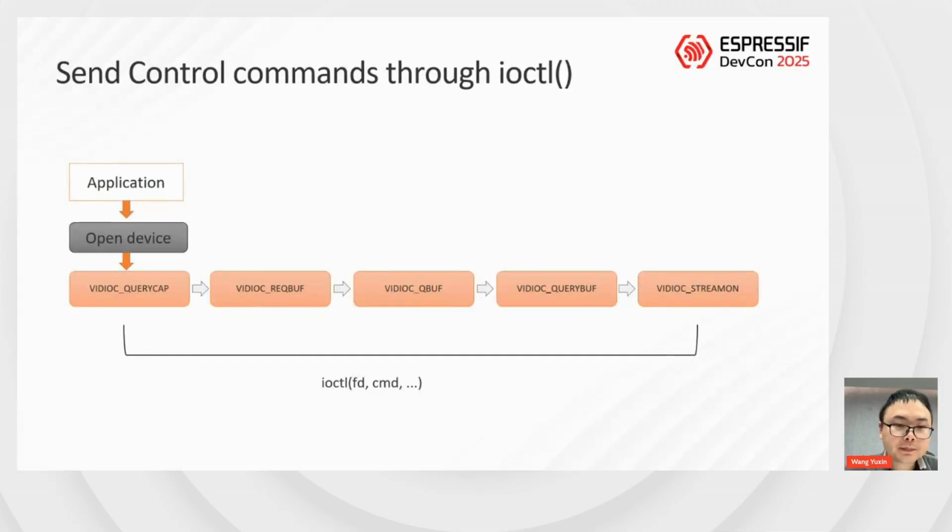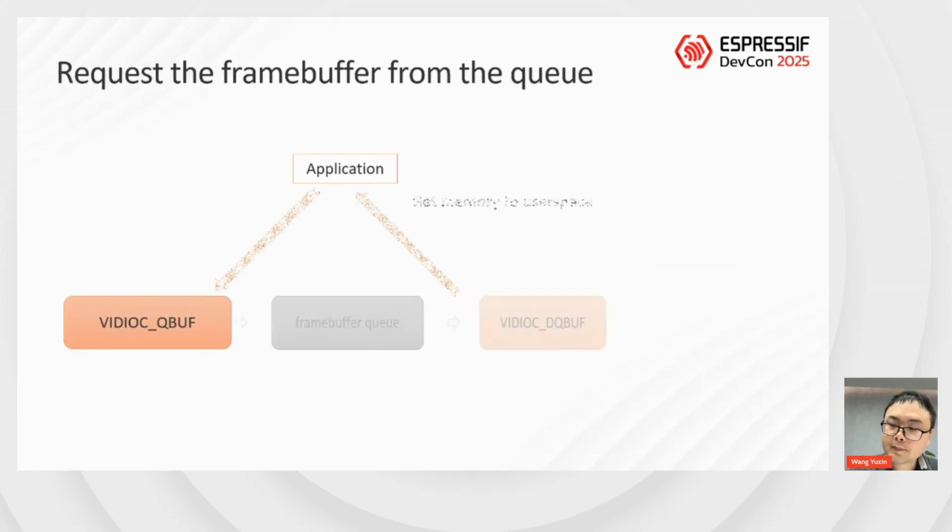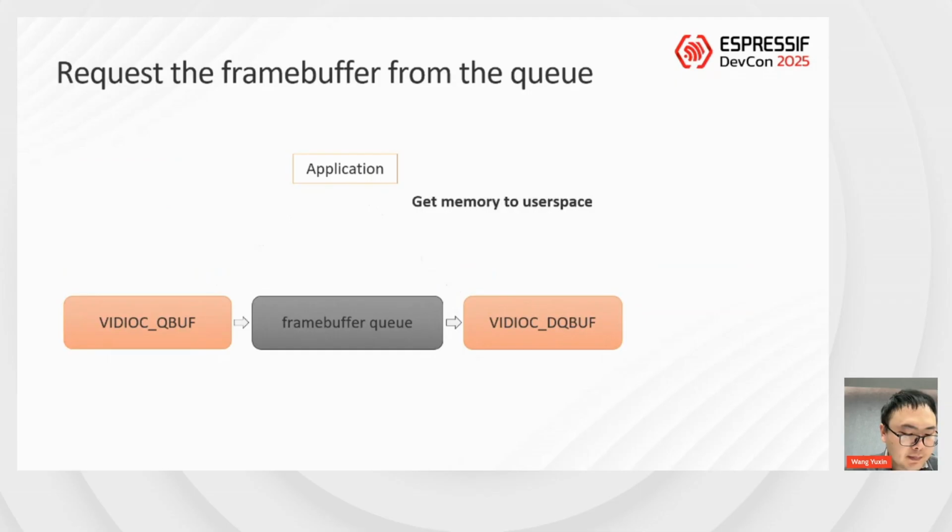For example, request memory buffers by using the REQBUFS command, and start the data stream by using the STREAMON command. Step 3. Manage image data using DQBUF and QBUF commands. Specifically, use DQBUF to retrieve a frame buffer from the queue, process it, then use QBUF to return the buffer for the next frame.